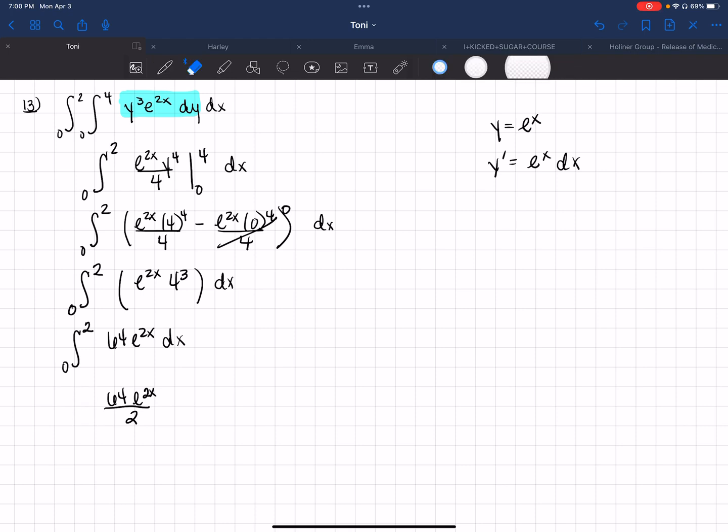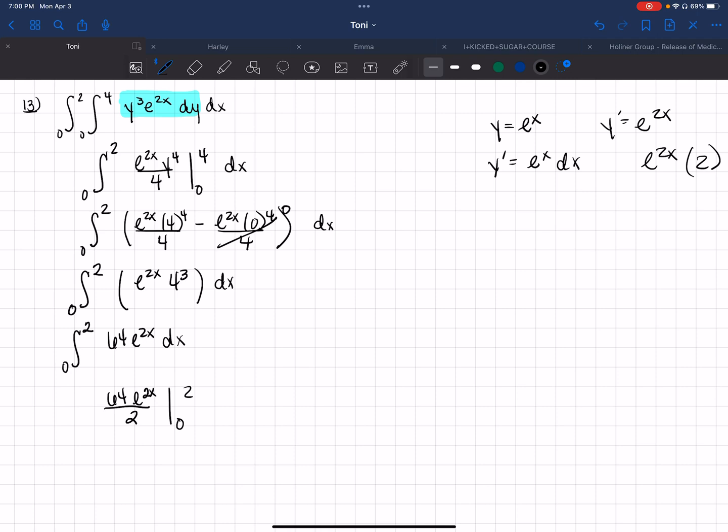I know that was a little confusing, but if I have e to the 2x and I take the derivative of that, that gives me e to the 2x. And then what's the derivative of 2x? That's times 2. So we want to get rid of that, so we're dividing by that 2. And that's all from 0 to 2.